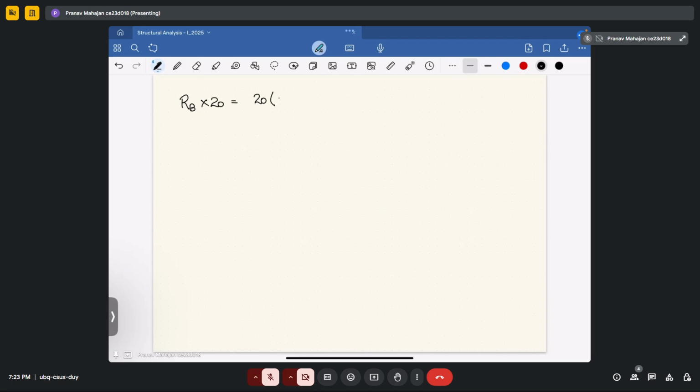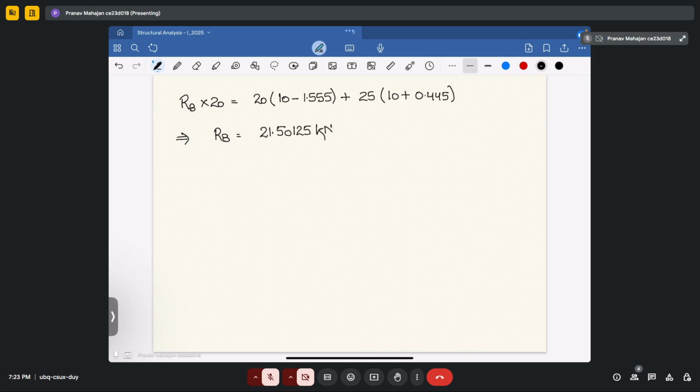Total is 10, the center is 10 minus, we have already calculated that distance to be 1.555, plus 25 into 10 plus 0.445. Solve this, you will get the value of RB. And this RB is coming out to be 21.50125 kilonewton.